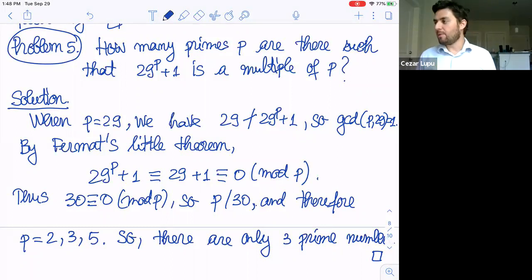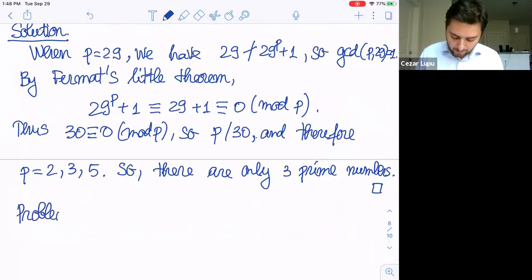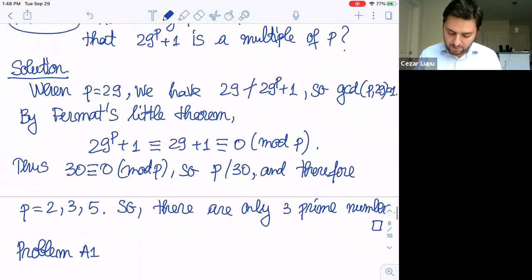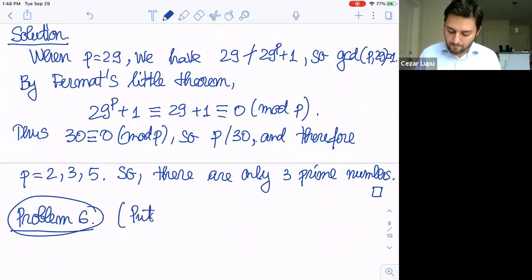All right, now I'm going to do an A1 Putnam problem. Well, I hope I will have time, and if not, I will continue. What problem is this? Problem 6, okay? Problem 6, this is a Putnam A1 in 2017.